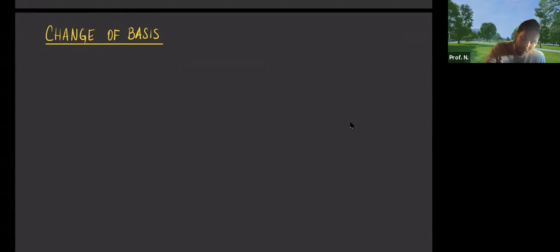I'm going to have what's called the old basis. It's not old because of anything to do with age, but just because we started with it. So I'm going to call this B, right? And this is just the general idea, just to give you an idea of what's going on.